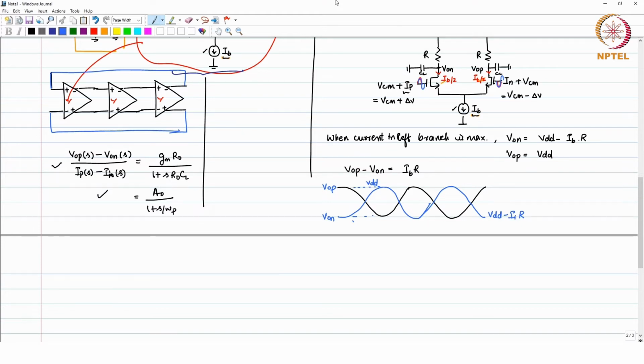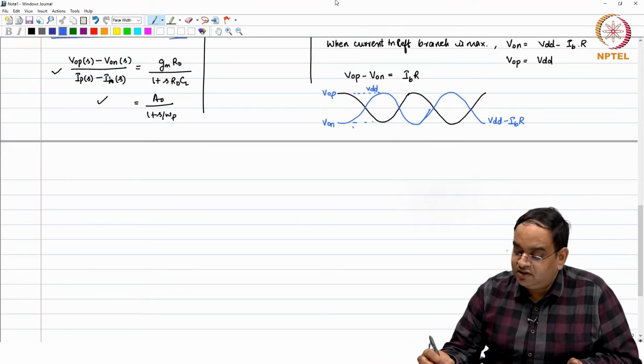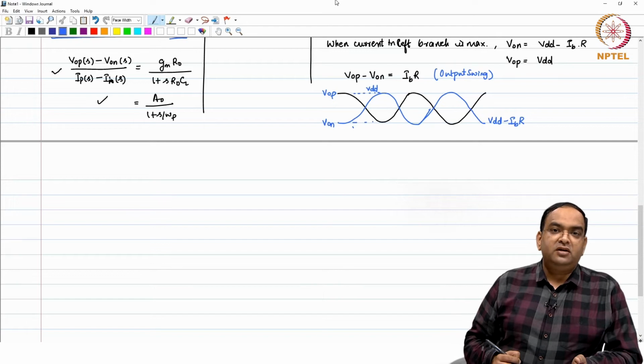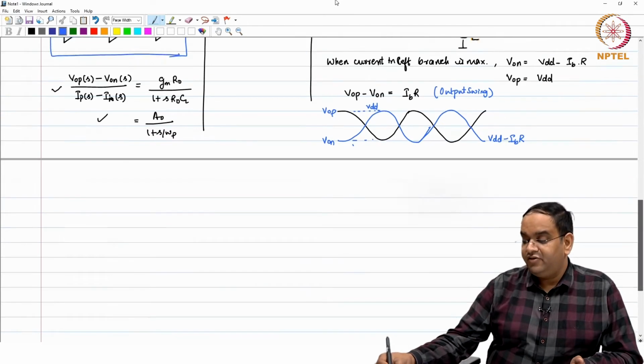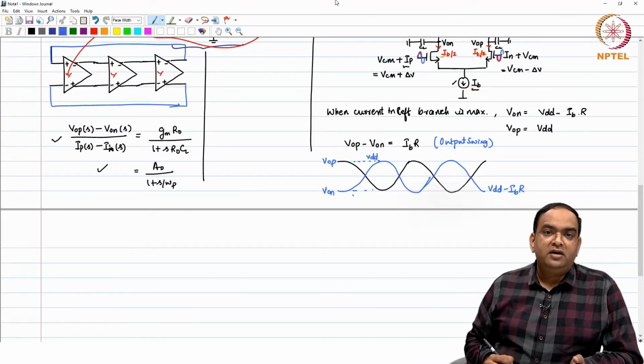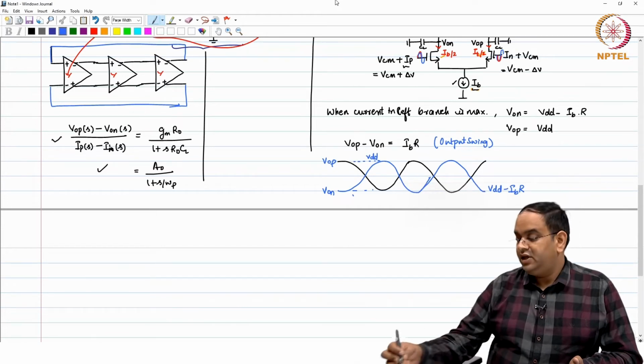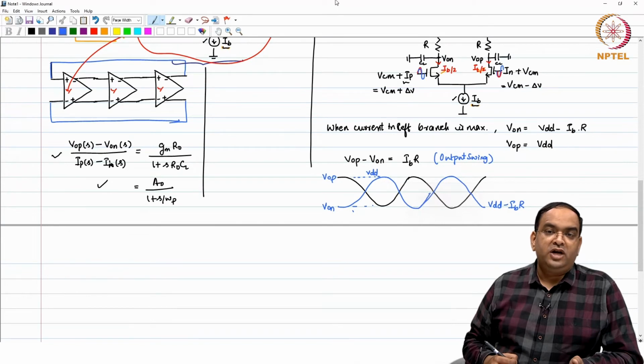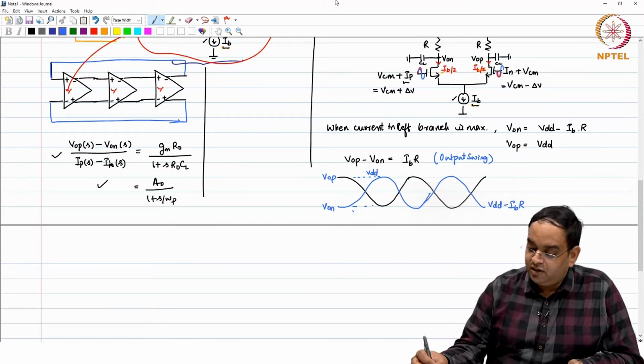Okay. So, that is the maximum, that is the output swing. So, if we want to control the output swing using such a differential cell, it actually gives you the swing which you want, and you can also control the swing by controlling the current IB.